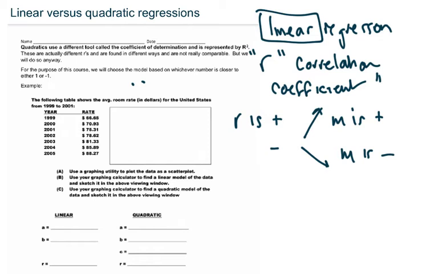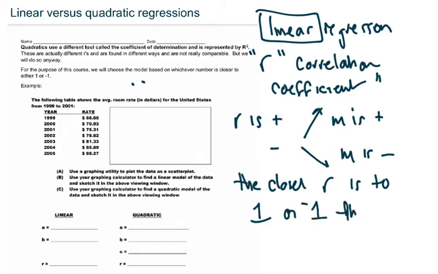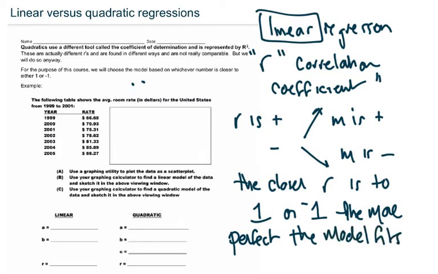And the closer R is to either 1 or -1, the more perfectly the model fits the data, right?